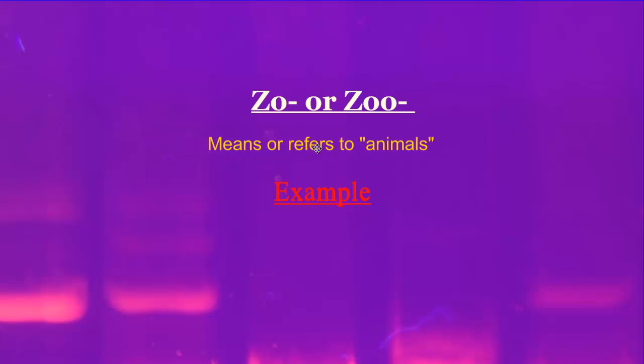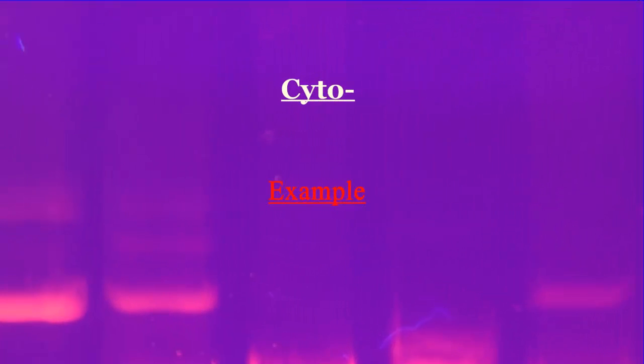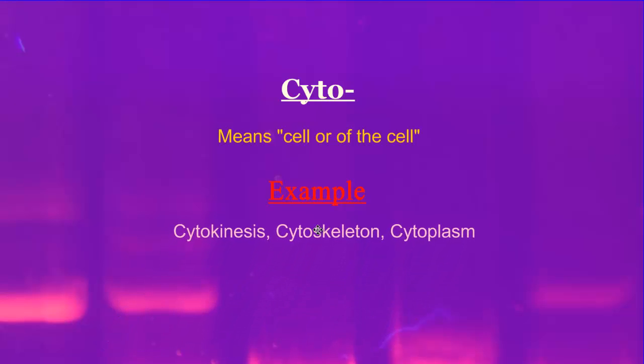What we find at the zoo are animals, so this prefix refers to animals in words like zooplankton or zoology. Cyto is a prefix that means cell or of the cell. Examples are words that refer to the cell: cytokinesis, cytoskeleton, or cytoplasm.